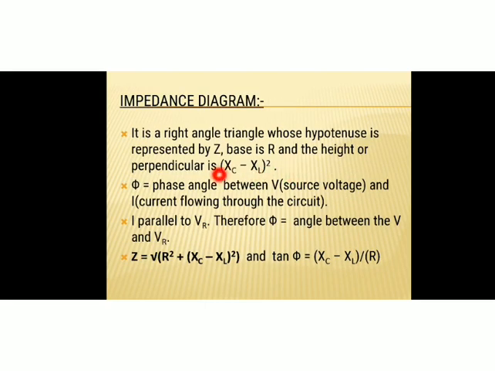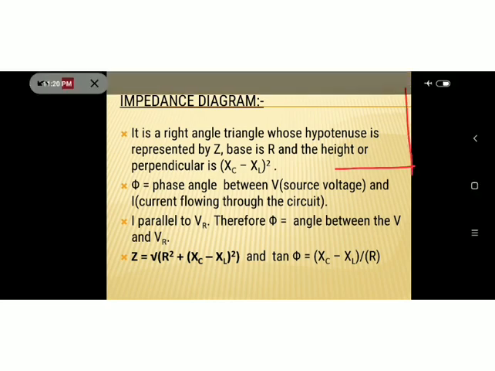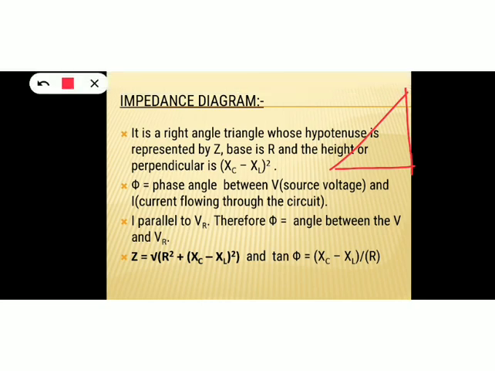So impedance diagram is a right angle triangle whose hypotenuse is represented by Z, base is R, and the height or the perpendicular is XC minus XL. It is a right angled triangle like this, whose hypotenuse is represented by Z. Base is R, and height, that means this altitude, is XC minus XL.